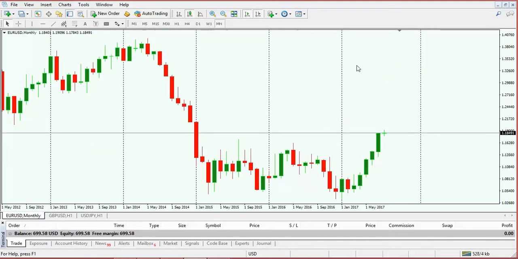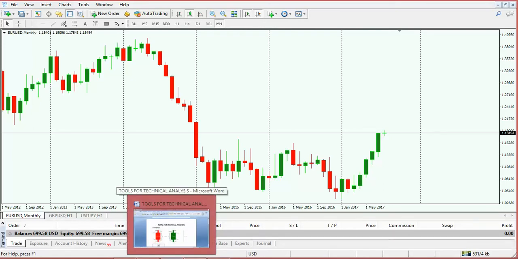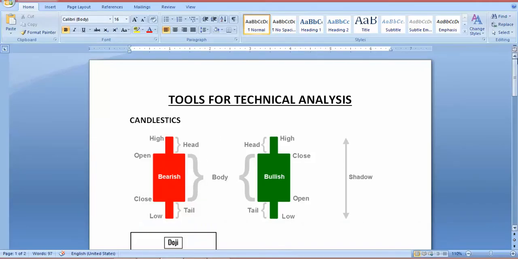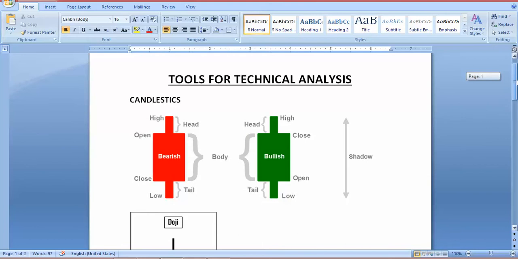Let's go back to our pictorial views and learn something about candlesticks before later we come back to the charts. We have two types of candlesticks: the bearish and the bullish.